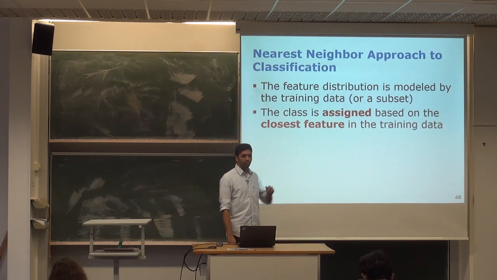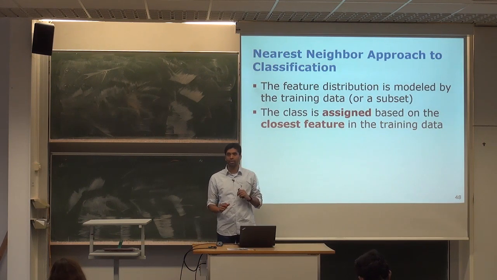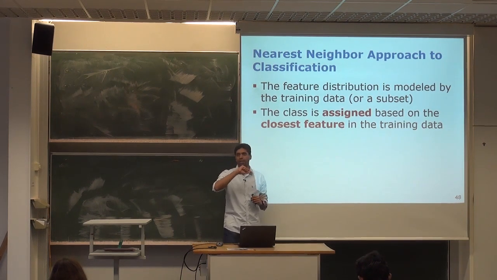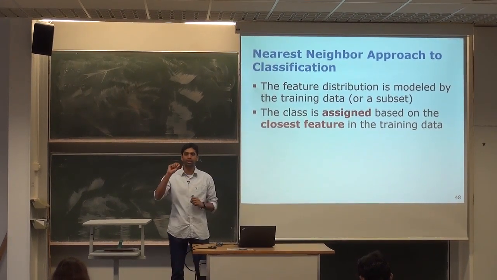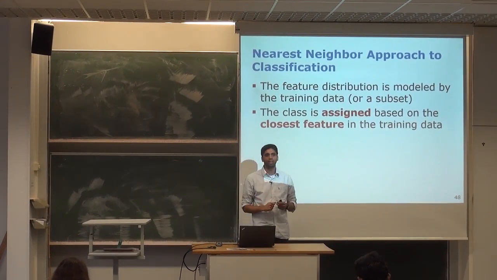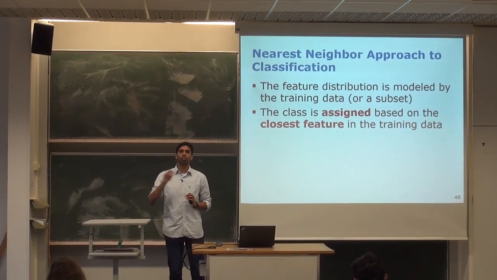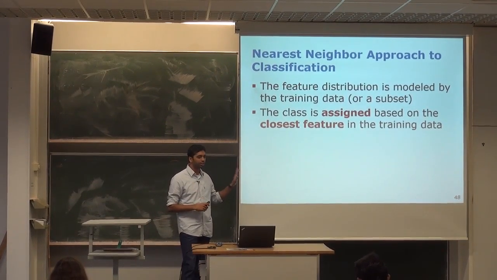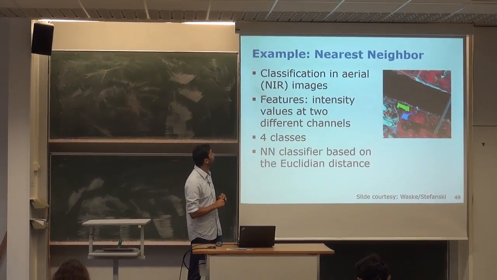Then you look it up in the table of stored training features. Okay, what is the one which is closest to 10,000 euros and 50 kilowatt? You fetch this example and check its class. If it says it's a family car, you say, okay, my new example is also a family car. It's kind of a lookup table. This is one of the simplest ways in which you could design a classifier.